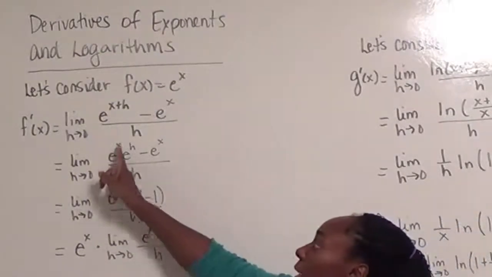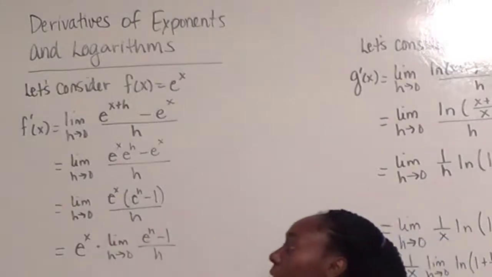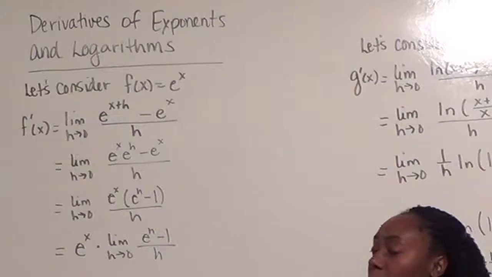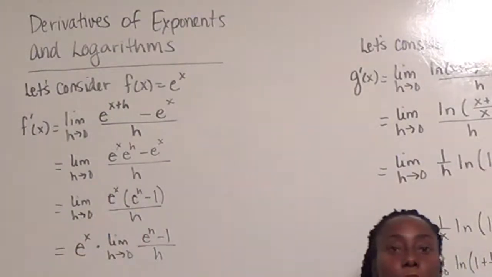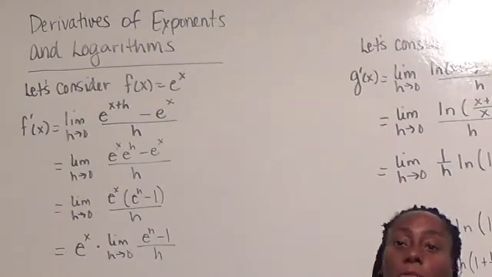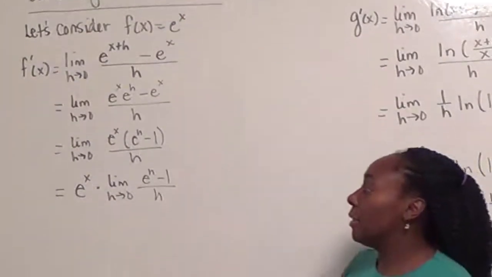So that becomes e to the x times e to the h. And then we can factor out the e to the x term, which leaves us with e to the h minus 1 over h. Because the e to the x term doesn't have an h inside of it, we can treat it like a constant and move it out front of the function. And so we get this expression here.